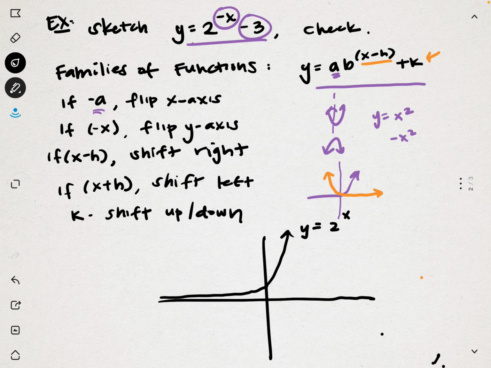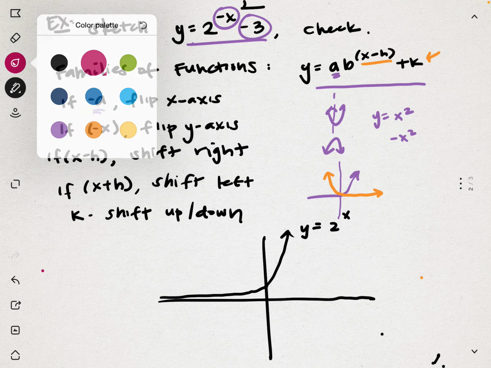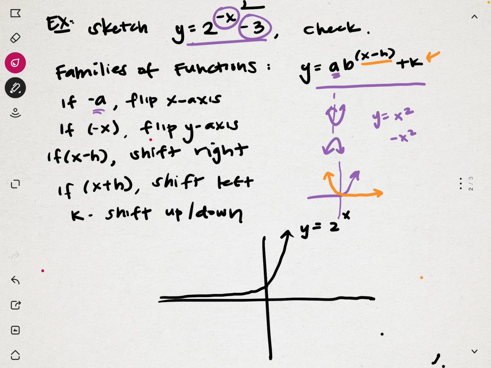Okay, so what we're going to do is note that this is a negative x. So negative x means that we're going to flip on the y-axis. And then we're going to shift. The minus 3 says we're going to shift down.